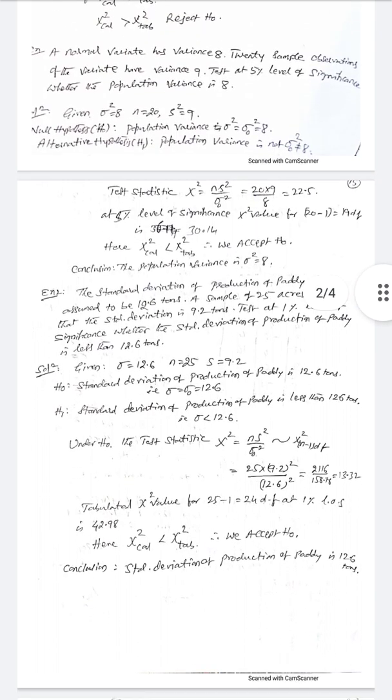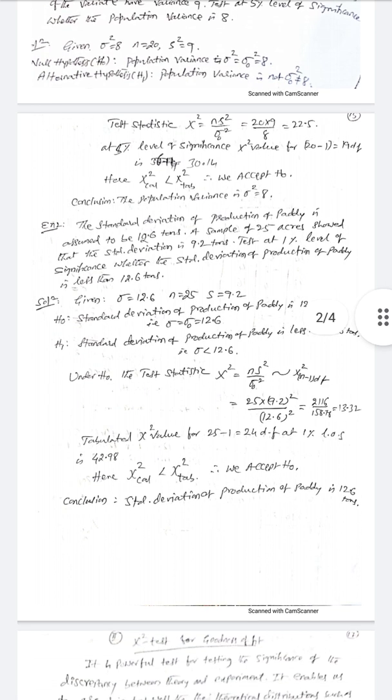Similarly, one more problem is there. The standard deviation of the production of paddy is assumed to be 12.6 tons. A sample of 12 acres showed that the standard deviation is 9.2 tons. Test at 1% level of significance whether the standard deviation of production of paddy is less than 12.6 or not.